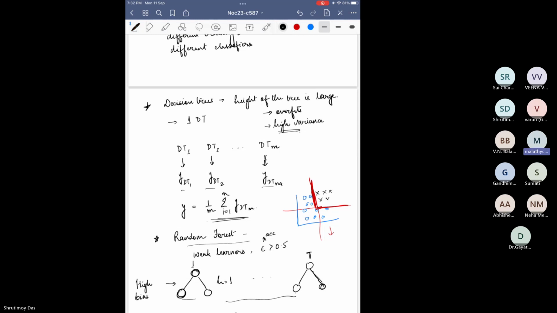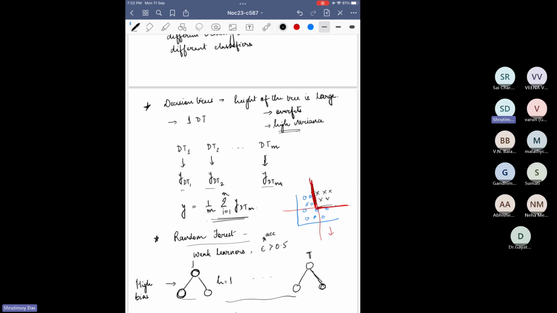Okay, suppose we are using three learners, and by combining three learners, how does that model fit? For this example you do not need three learners.